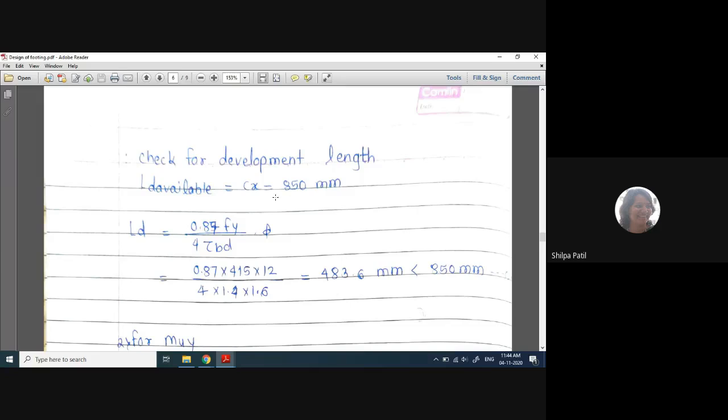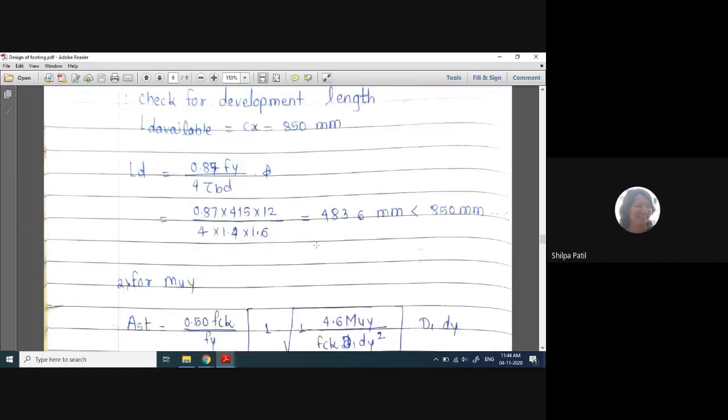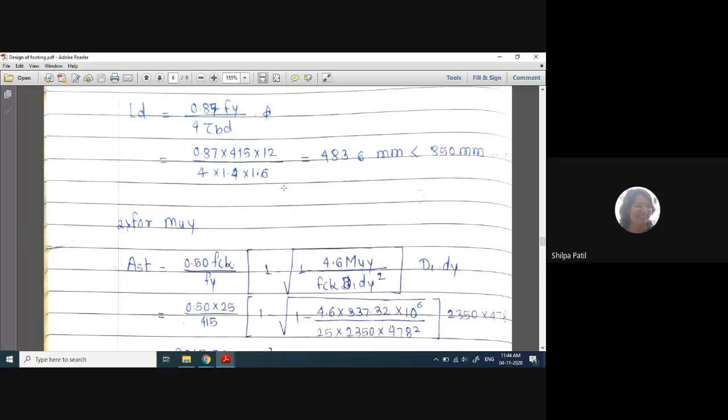So Cx or Cy, both we have provided the same here. So it is 850 mm. So the available development length is 850 mm and the required is 483. So this check is also satisfied. If this check is not getting satisfied, then Cx is to be increased. So this is about the development check along the x-axis.